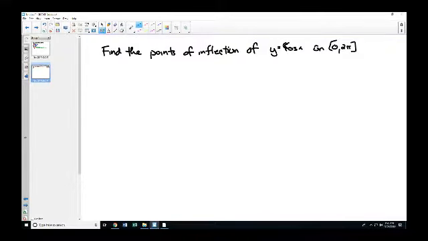Okay, so we're going to do y equals cosine x. Find the points of inflection of y equals cosine x on 0 to pi.